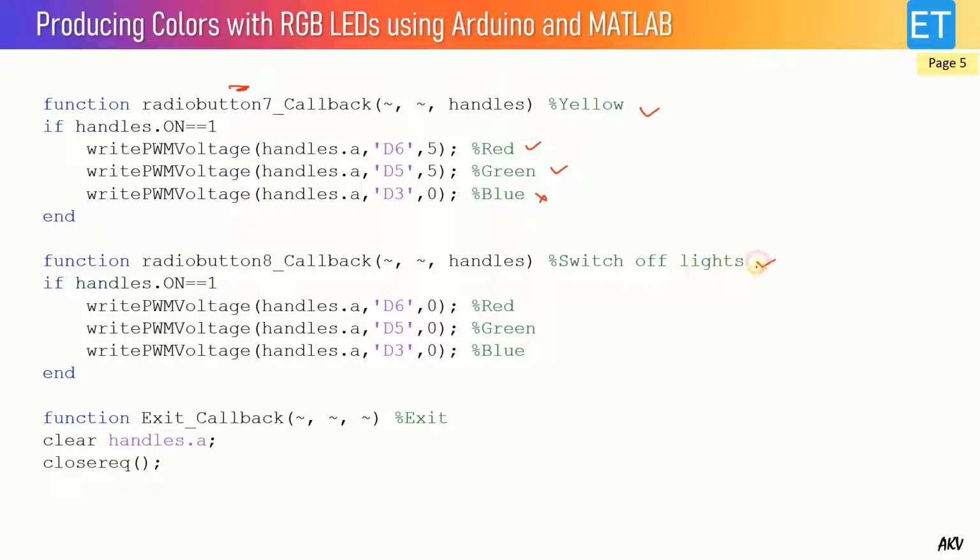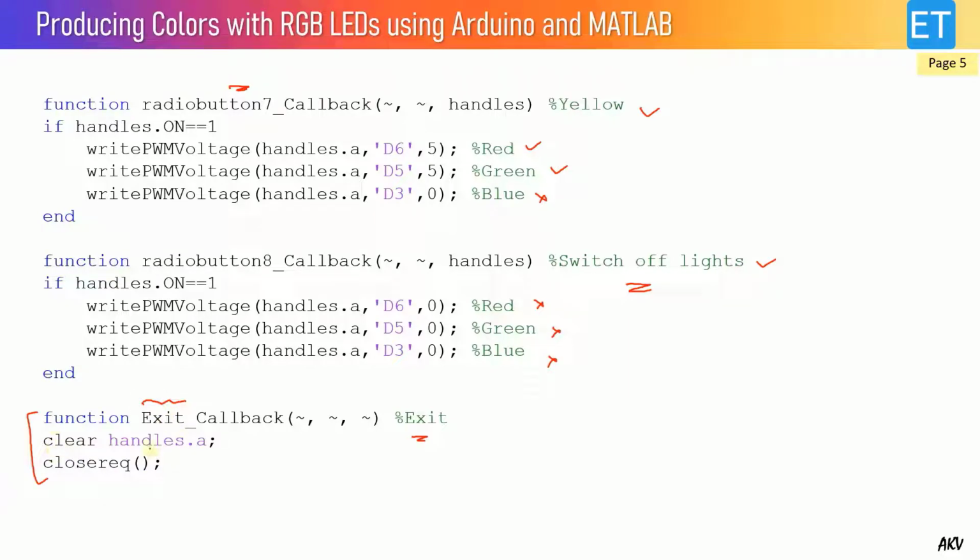And here the radio button is for switching off the lights. That means all red, green, blue, I mean 0 0 0 is given. So all the 3 LEDs will be switched off. And these lines are for your exit button. Since we have changed the tag, instead of push button, the exit is written here.